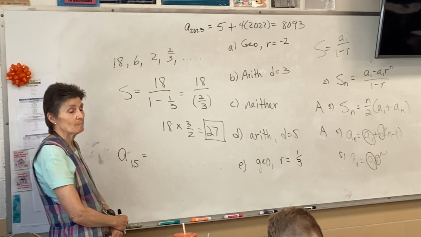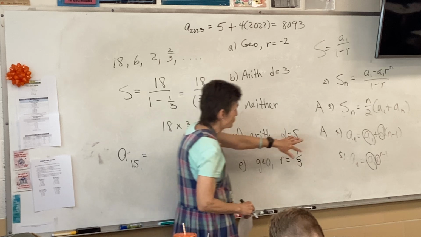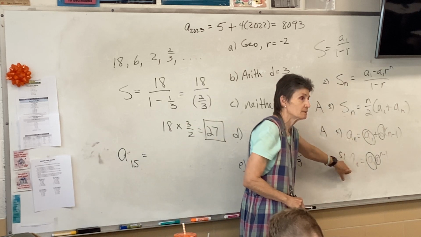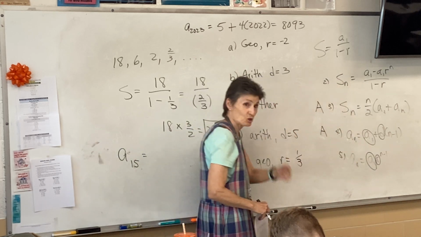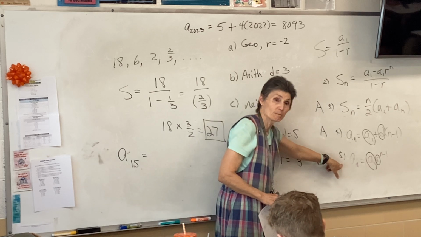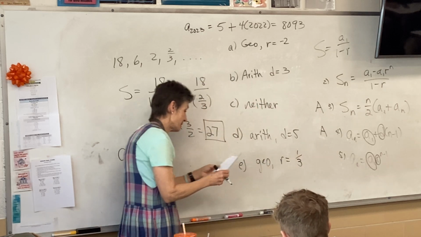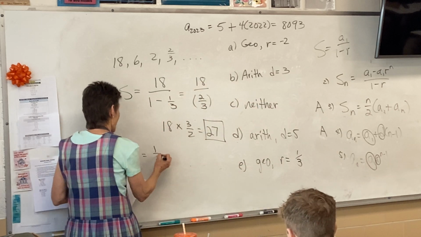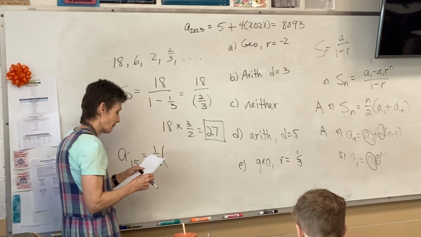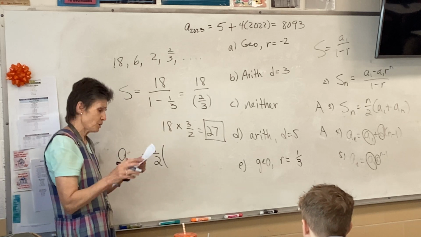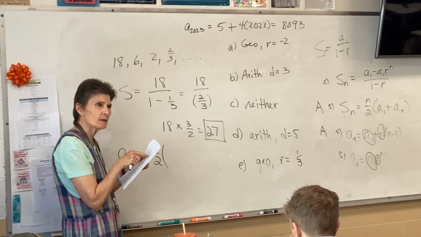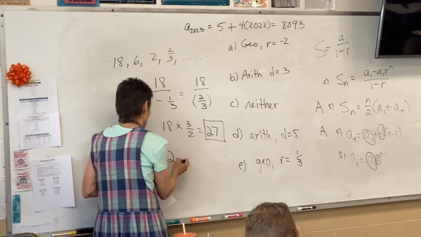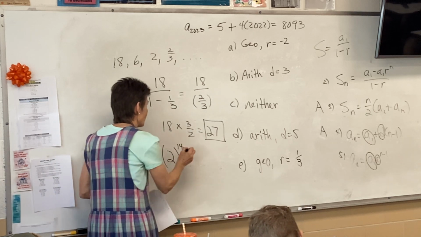A sub 15. Okay, I'm going to use one of these two formulas. It's geometric, so I'm using the bottom one. I need the first term, which is 1/2, times my ratio, 2 to the 14th power.